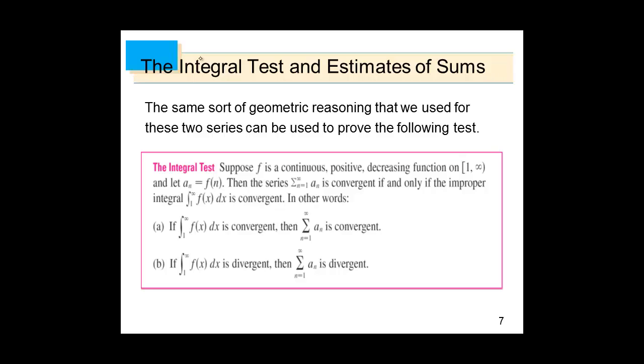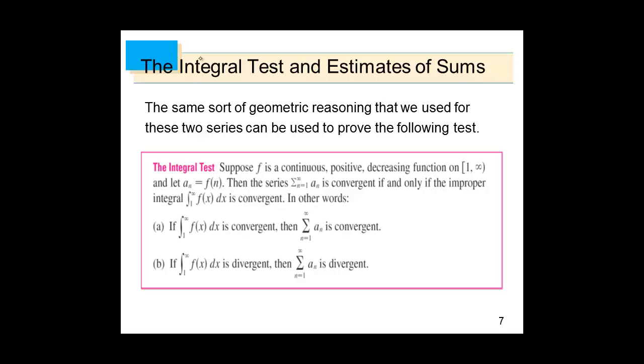So whether the series is convergent or divergent can be determined by looking at whether the integral is convergent or divergent. Did that make sense? Is everybody clear on what this test is saying? We are going to see another example in a second. Everybody is clear on what this test is telling us?